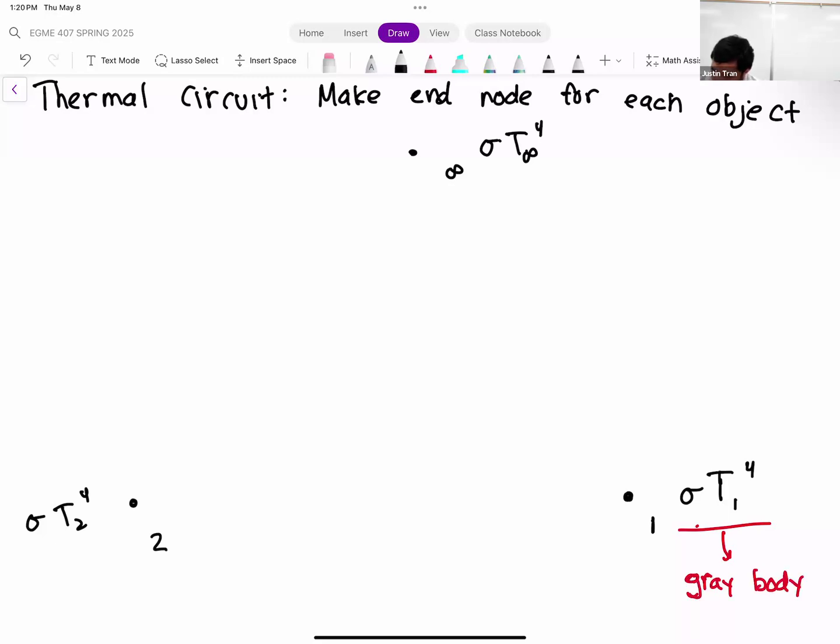And so for the gray body, you're going to draw a resistor, where this resistor represents the gray body resistance of object 1. So it's going to be 1 minus epsilon 1 divided by epsilon 1 A.